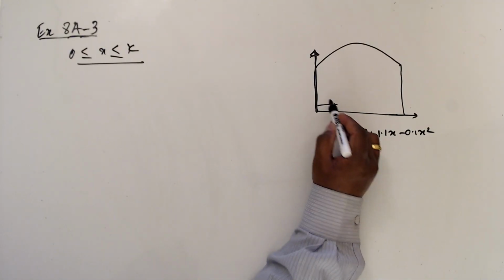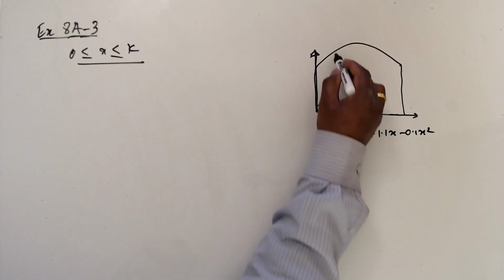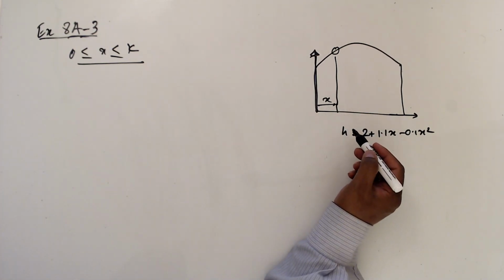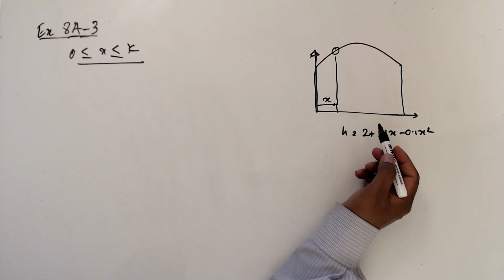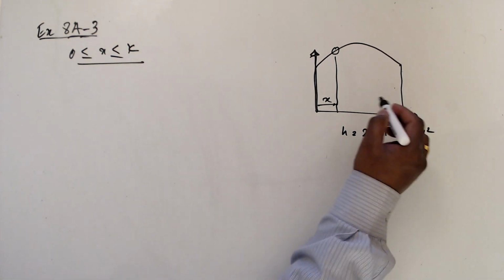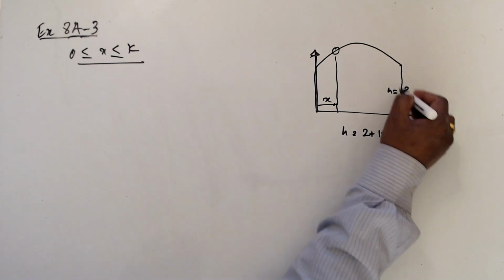We know that x is the distance of the ball from the player, and the net height is given as h equal 3.